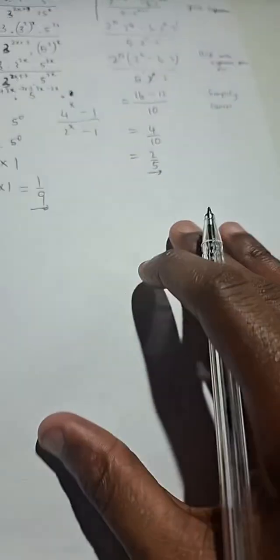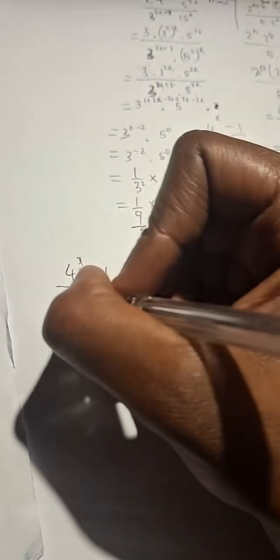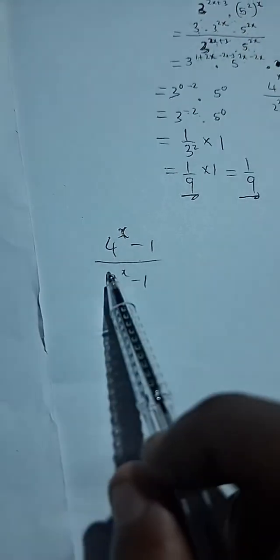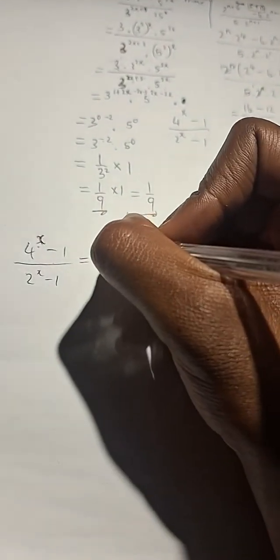Okay, let's look at this question. It's also a simplifying question, right? This one, if you look at it closely, 4 to the power x is actually 2 to the power 2x.